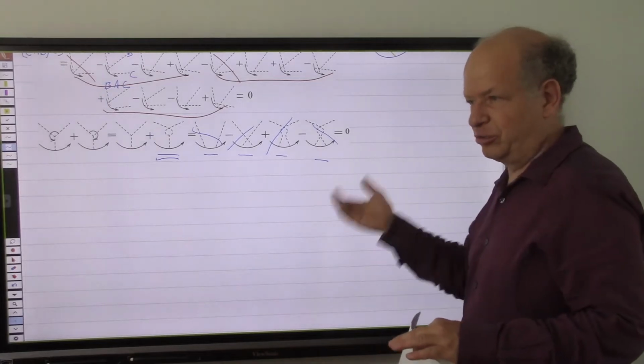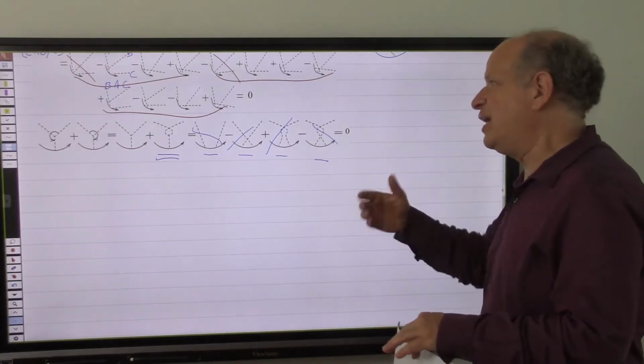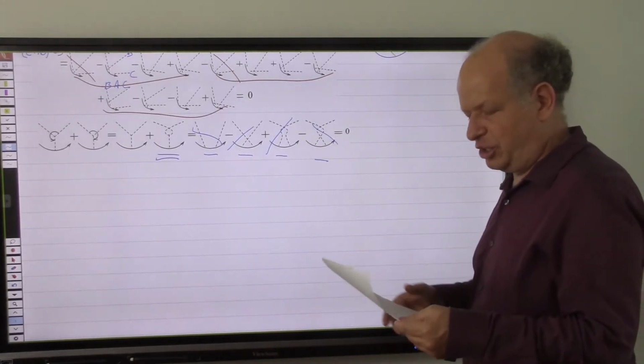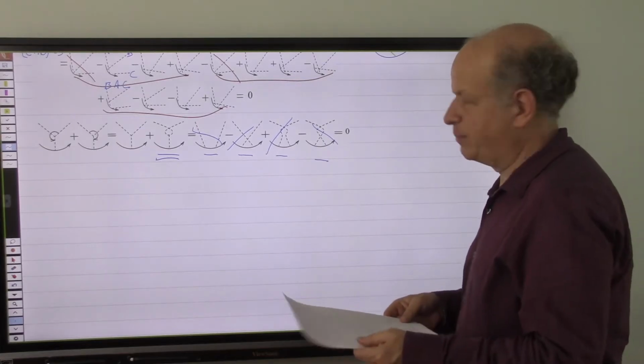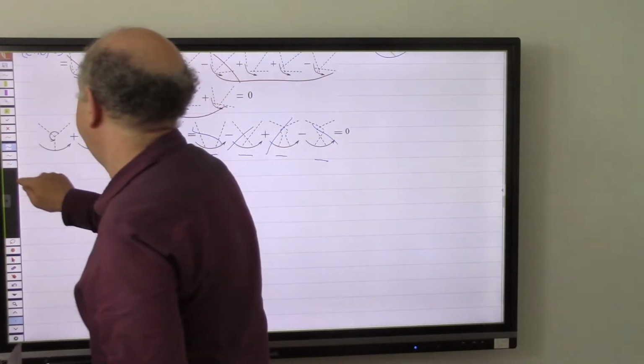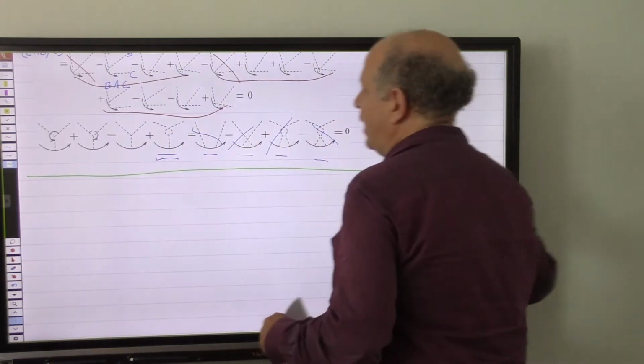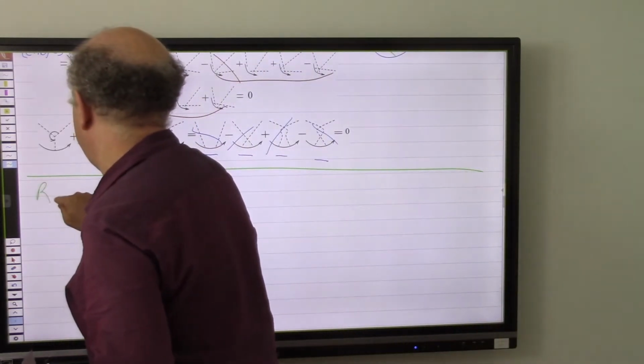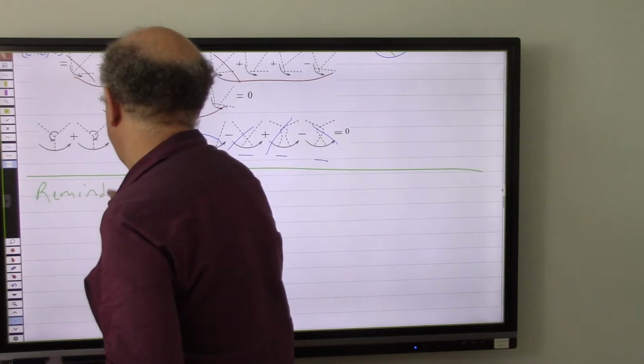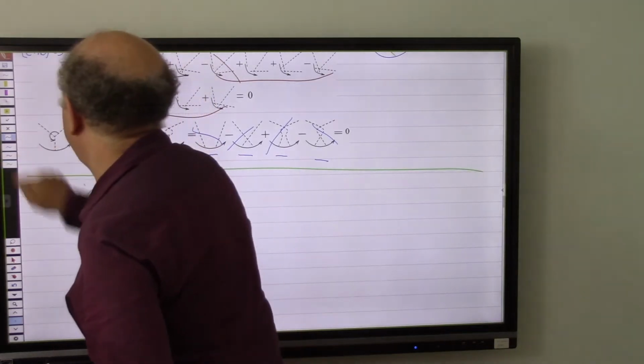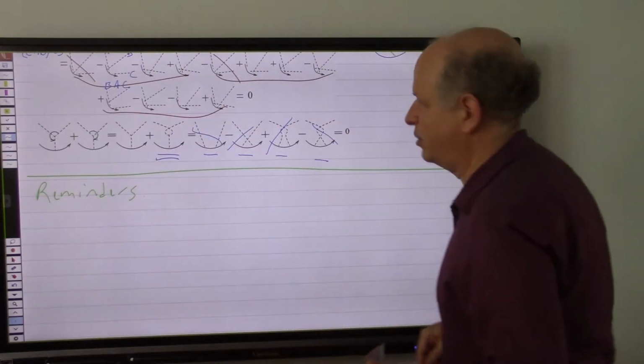So really I'm going to tell you that for every Lie algebra and representation, there is a knot invariant. So, okay, reminders.